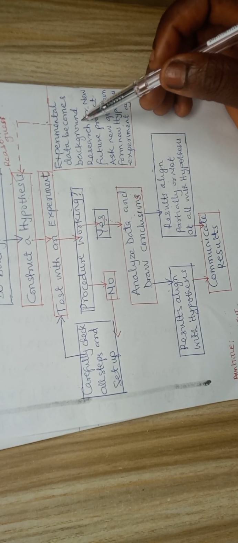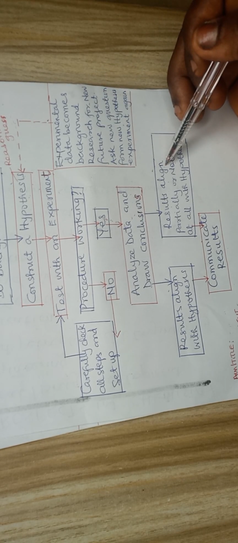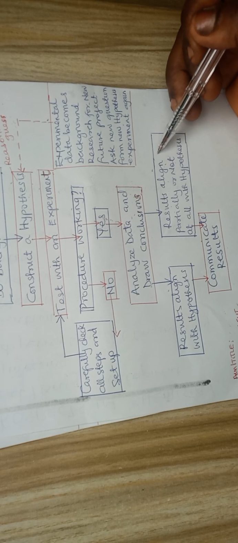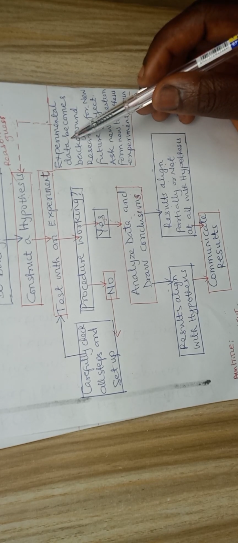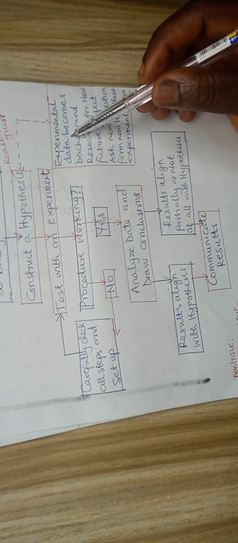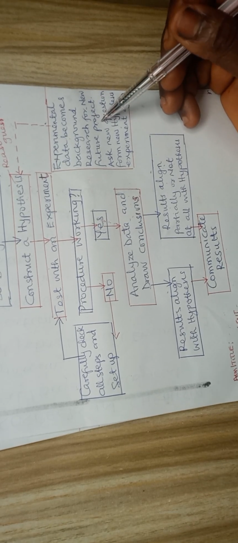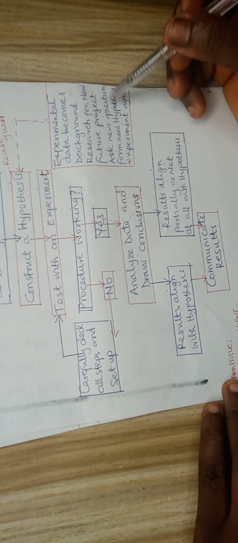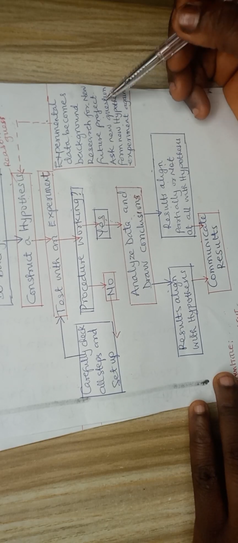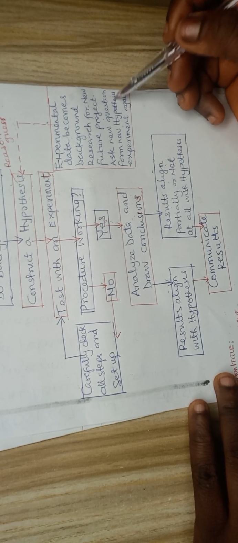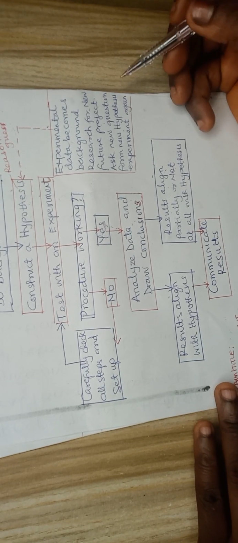In that case, it is not yet a theory, and your experimental data become background research for future projects. You can now ask new questions to form a new hypothesis and then experiment again.